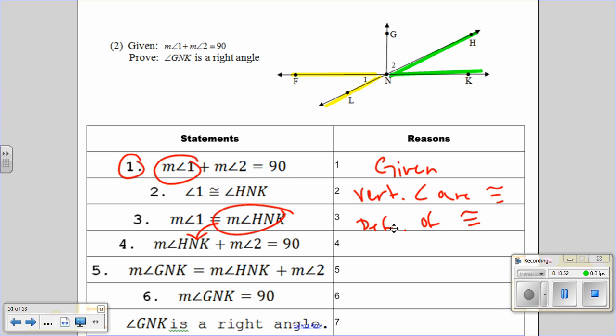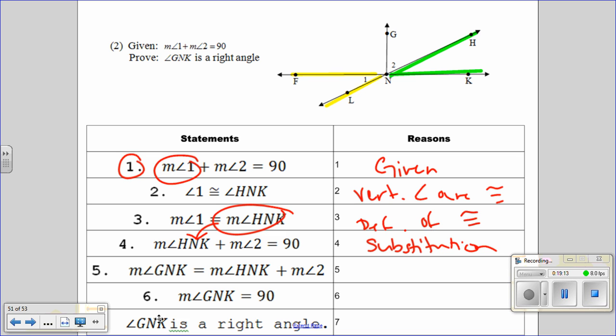So since I replaced it in statement 1, I can write statement 4. So that means I used the substitution method or property.